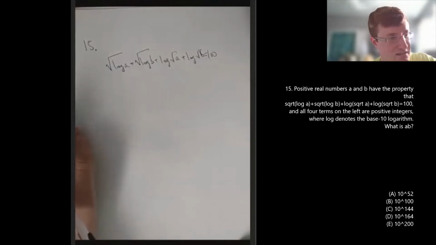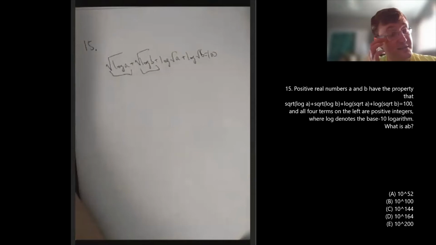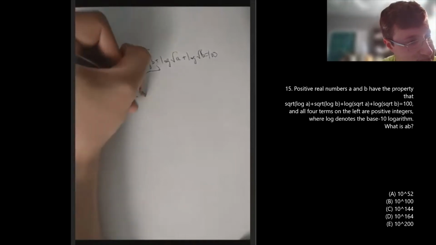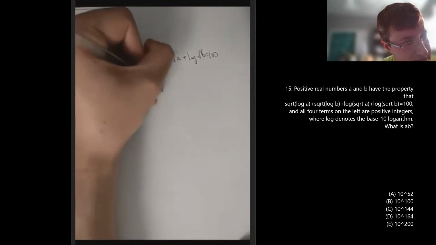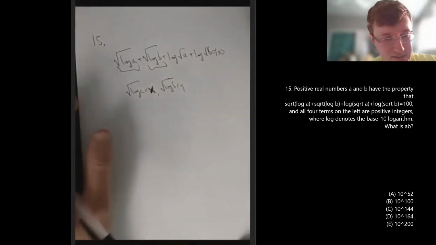Okay, so I'm going to introduce a variable for these 2 things here. Okay, so root log a, let's say root log a is x, and root log b is y. So these are both positive integers.